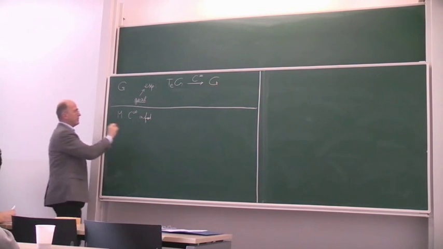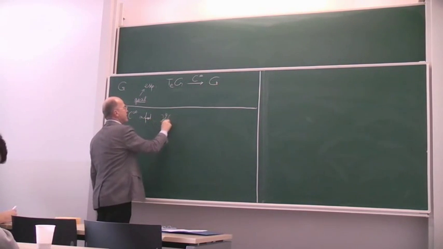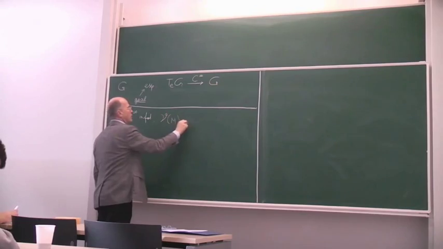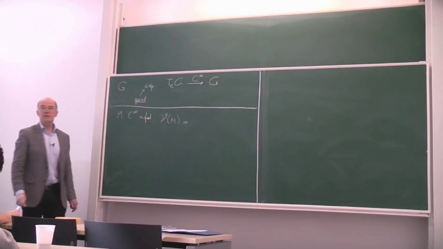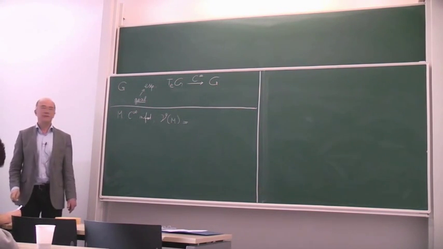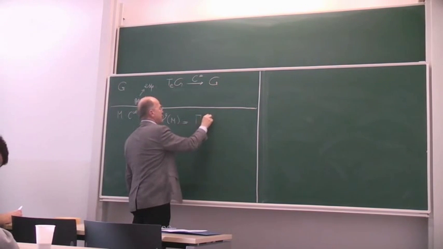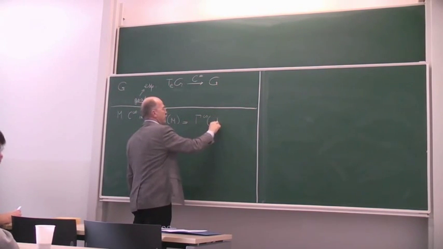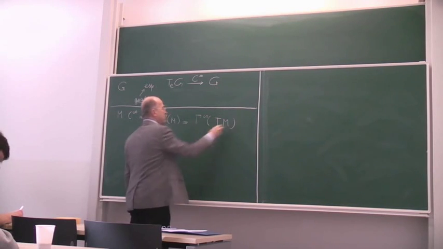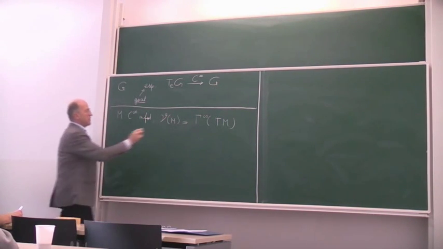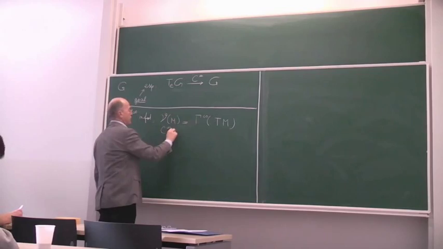then by script V of M we'll denote the linear space of smooth vector fields of M. So this is the space of smooth sections of the tangent bundle of M. So what does this mean? So this is really the smooth vector fields.